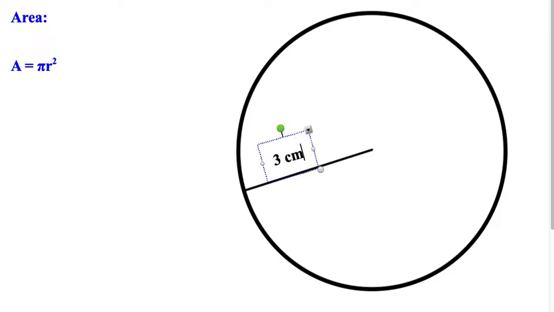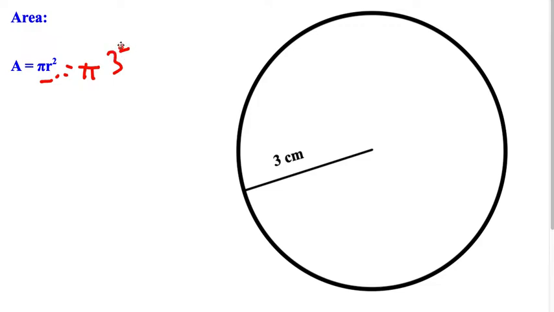which would simply mean that the area, now as we know, area has square units, and if you look carefully, the radius here is indeed squared, which means that we're going to take centimeters times centimeters. So to find the area of this particular circle, we take pi times 3 squared.